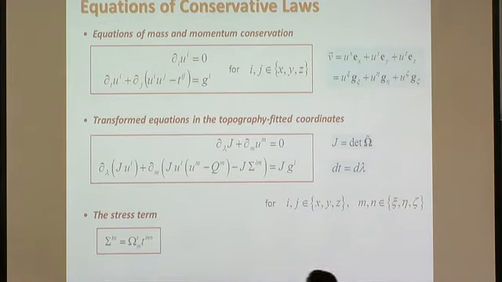The second one is that in the momentum equation, we compute the Cartesian component instead of the terrain-fitted coordinate component, but with respect to the terrain coordinate system.